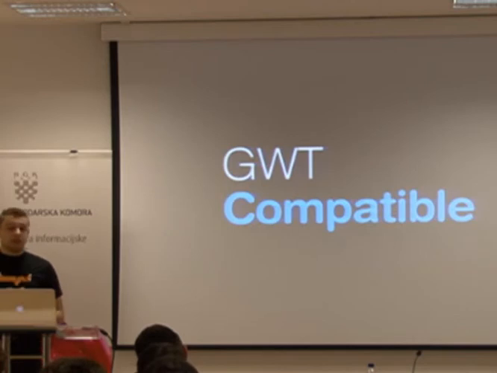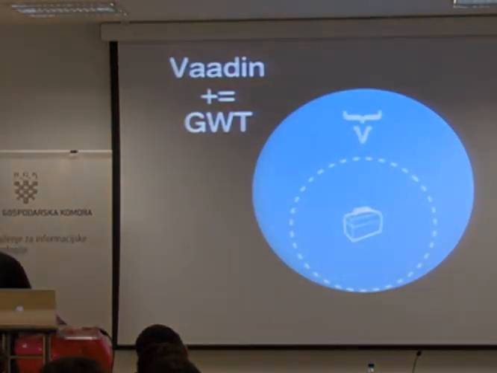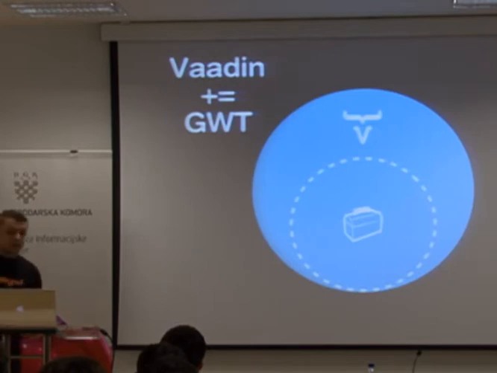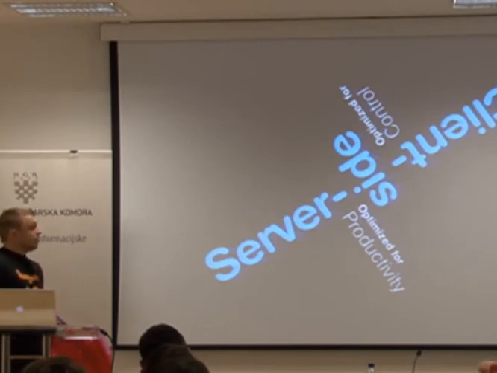We also, of course, support all the major IDEs and build and deployment tools. And as we are GWT compatible, it means that Vaadin actually contains the entire GWT project, meaning that for GWT users, Vaadin works actually as a drop-in replacement, if so wanted. And of course, GWT is used on the client side of Vaadin.